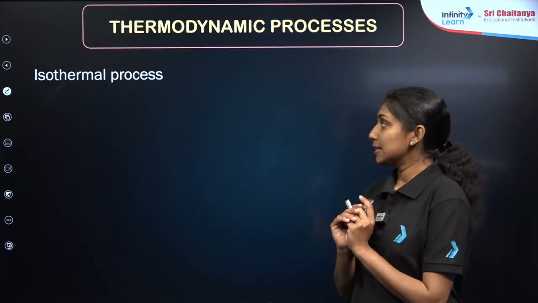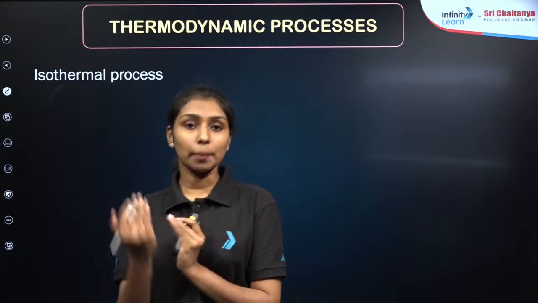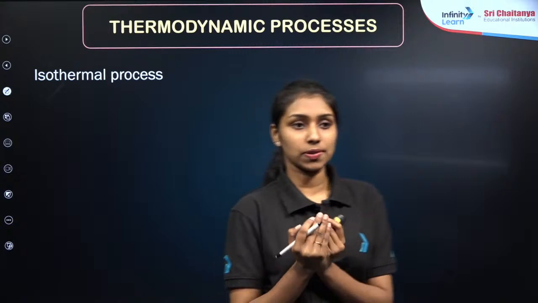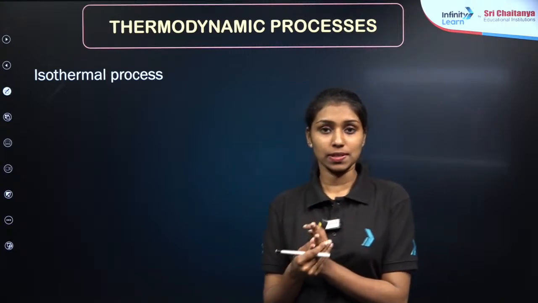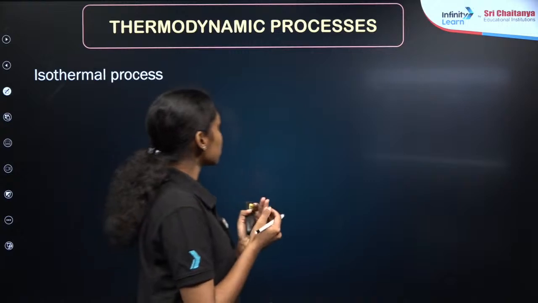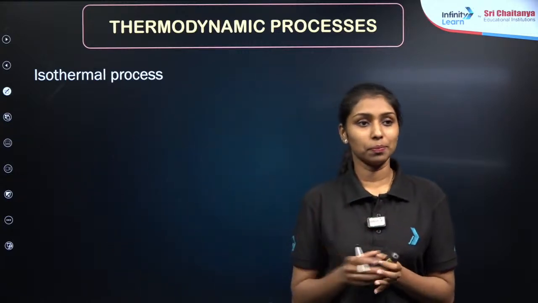Yes, fine. Now let me move to the thermodynamic process. What do you mean by thermodynamic process? I hope everyone has the idea about the different types of processes. Can anyone please say what the different types of thermodynamic processes are, just by name?